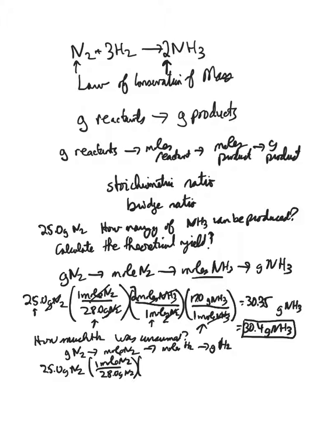Now I'm going to use my stoichiometric ratio that says that 3 moles of H2 is consumed every time 1 mole of N2 is consumed. And then I need to go back to grams hydrogen. So 1 mole of H2 is the same as 2.02 grams of H2. So now I've got grams nitrogen divided by grams nitrogen, moles nitrogen divided by moles nitrogen, moles hydrogen divided by moles hydrogen, and that'll give me grams of hydrogen.